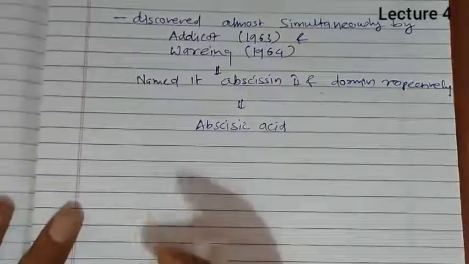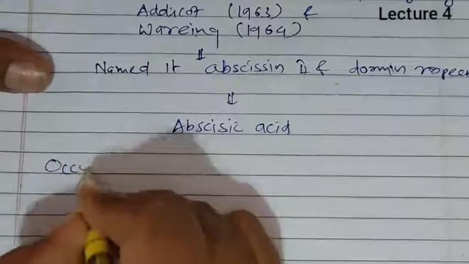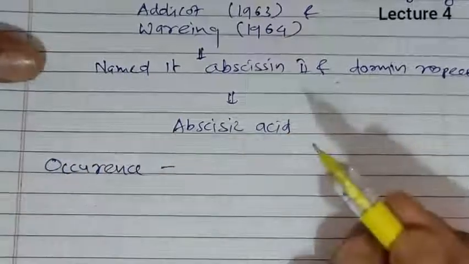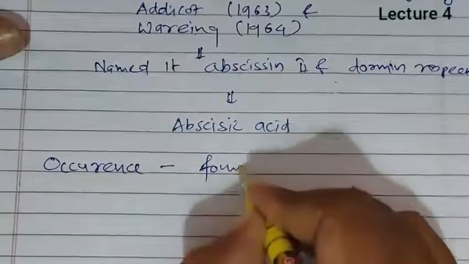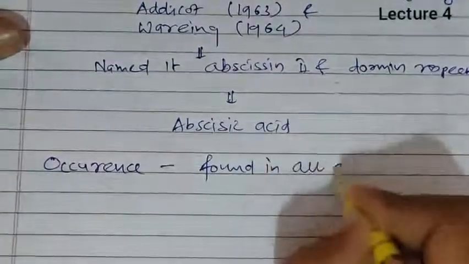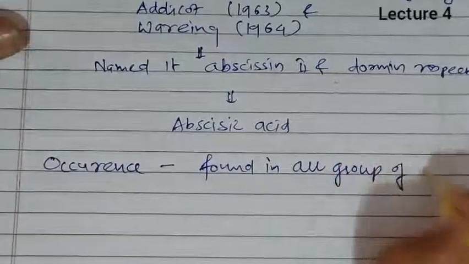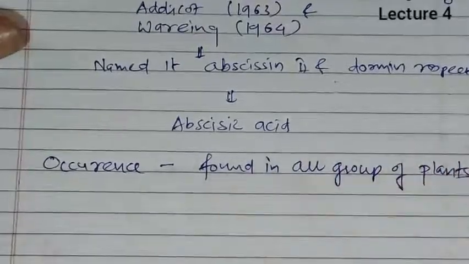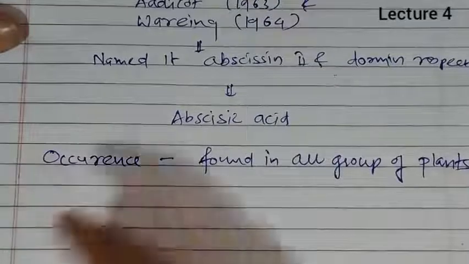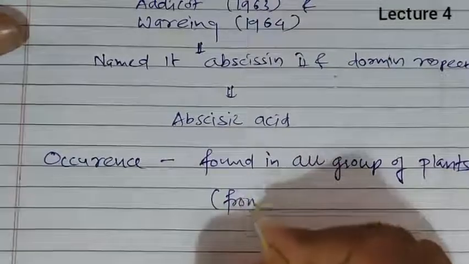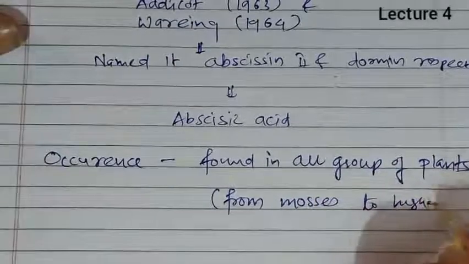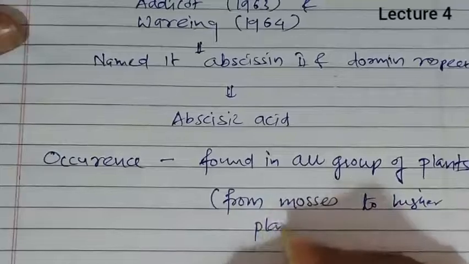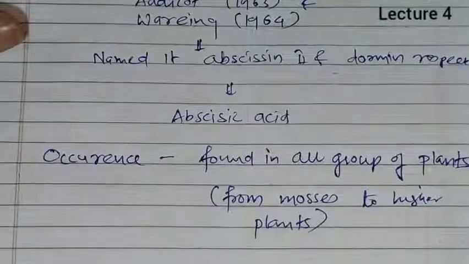If we talk about occurrence, then it is found in all groups of plants, from mosses to higher plants. So that is about the occurrence.